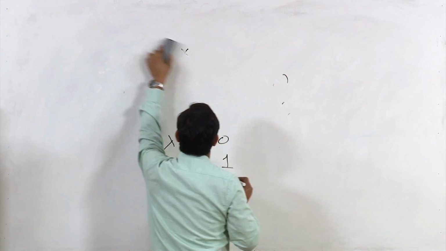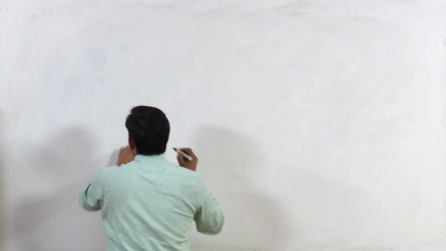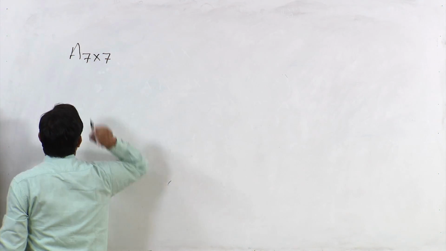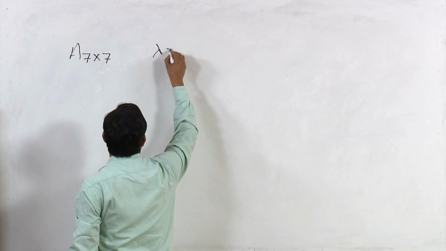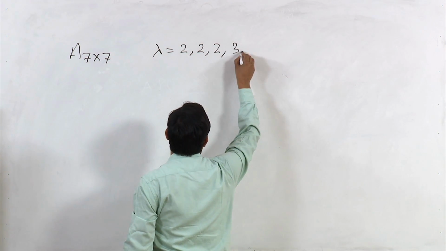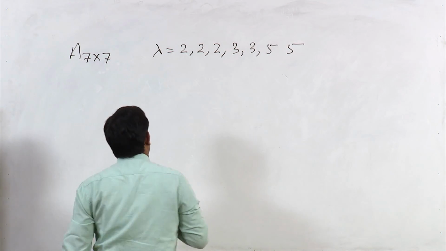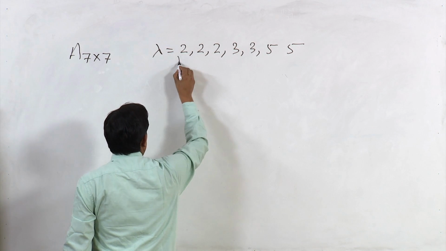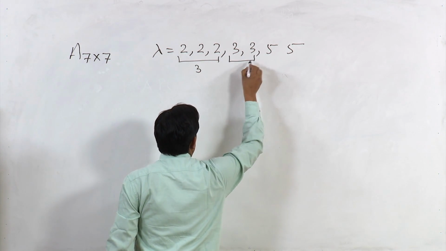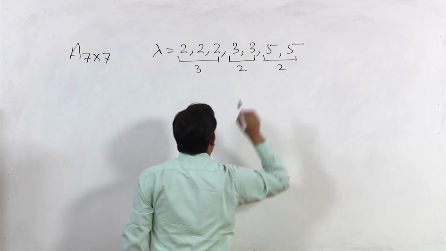Suppose I have a 7 by 7 matrix A which has eigenvalues 2, 2, 2, 3, 3, 5, 5. So here the algebraic multiplicity of 2 is 3, of 3 is 2, and of 5 is 2.